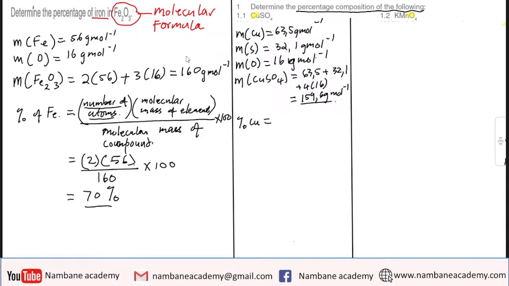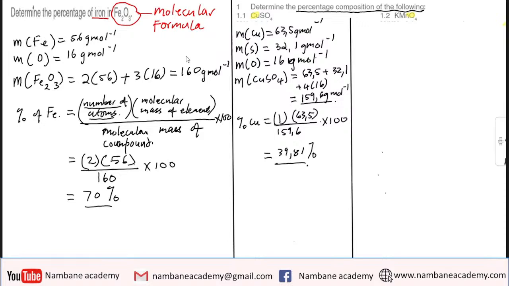How many copper atoms do we have? Just one. What is the molar mass of copper? It's 63.5 divided by 159.6 multiplied by 100. Then the percentage of copper is 39.81%. Questions, please.